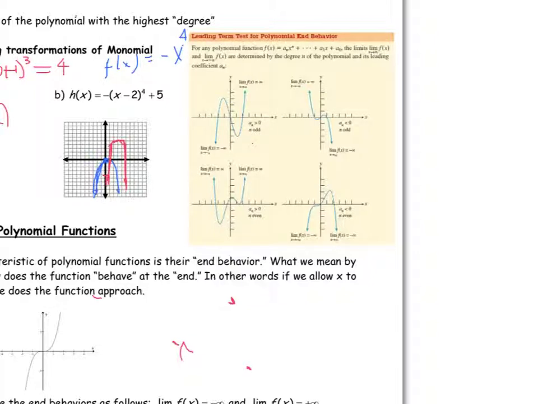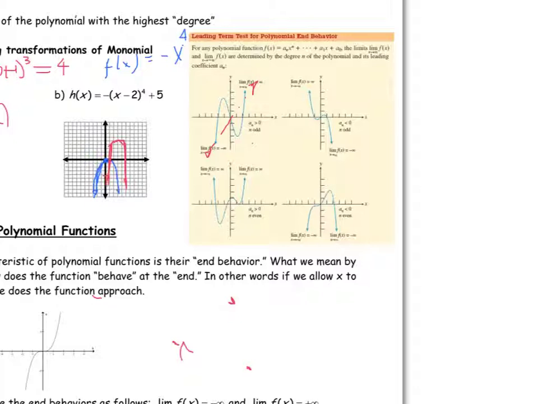If your a is positive, the ends of my graph are going to mimic that of a positively sloped line. As x's get positive, my y's get positive. When my x's are getting smaller and smaller, my y's are getting smaller and smaller.